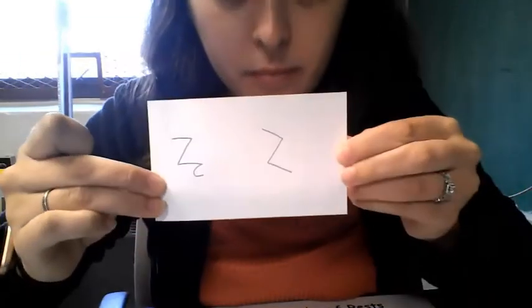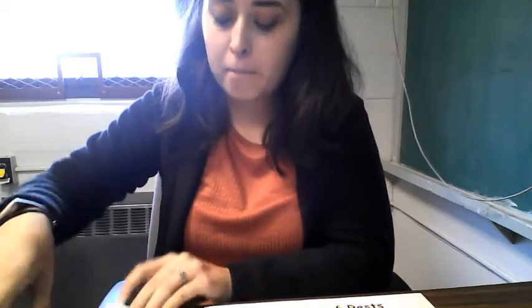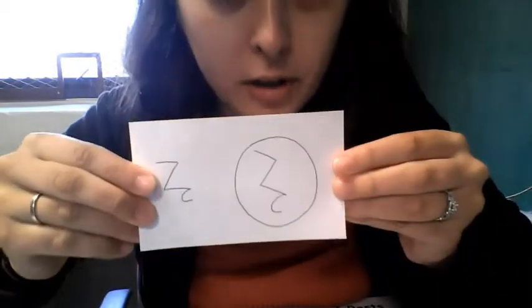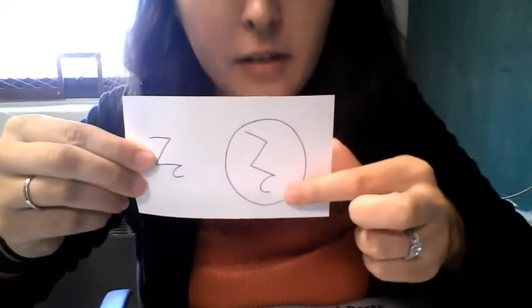Now, it looks a little bit silly, so I'm going to draw that again, and I'm going to slant my Z like this, and then I'm going to draw a lowercase c. The one with the circle is what yours should look like, a slanted Z and a lowercase c. If you draw that, that is our quarter rest.